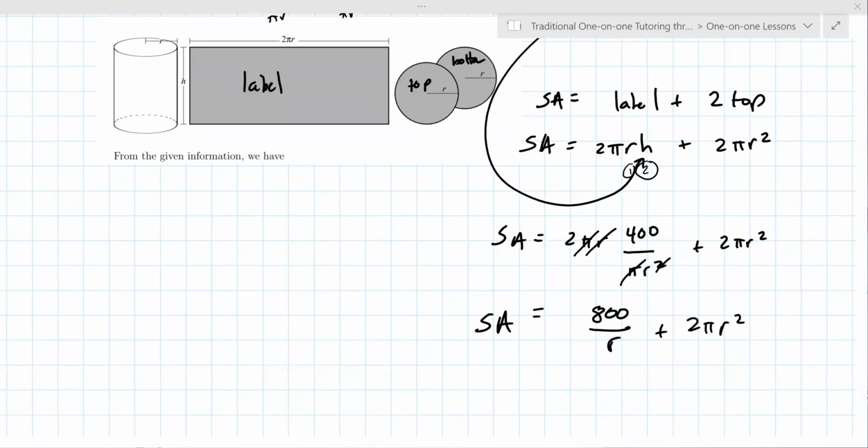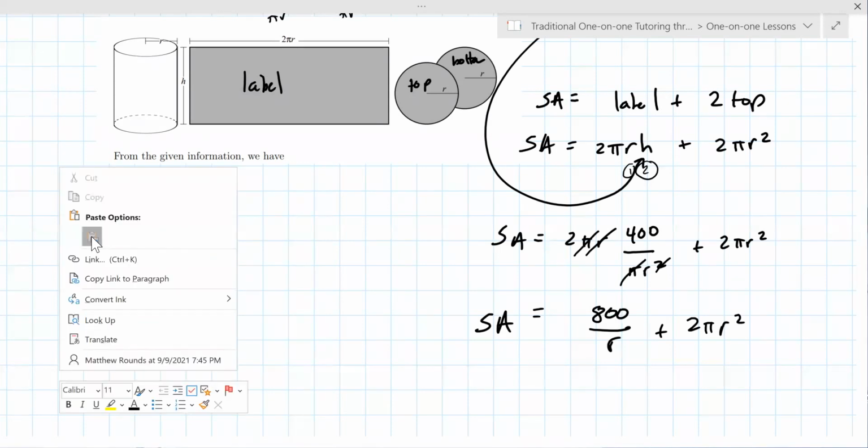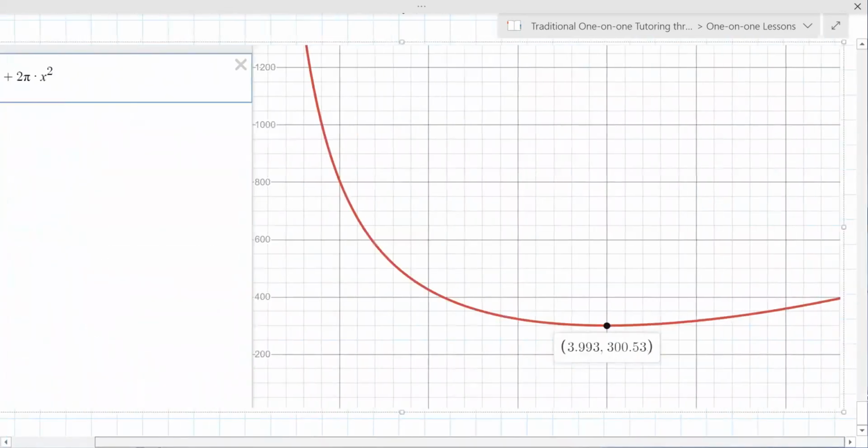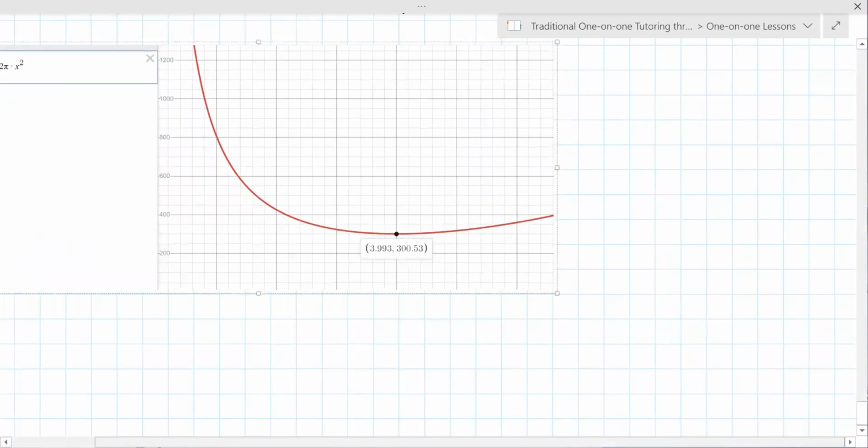There it is. Okay. So I got to change my window here, 0 to like 5. Okay. All right, so let me snip this in so you can see it here. So when you graph it, you get this place where it minimizes.